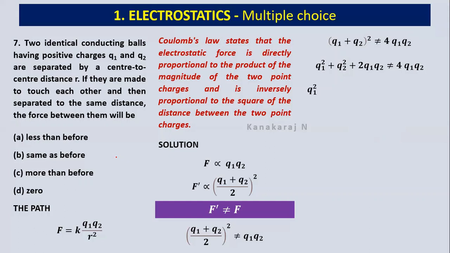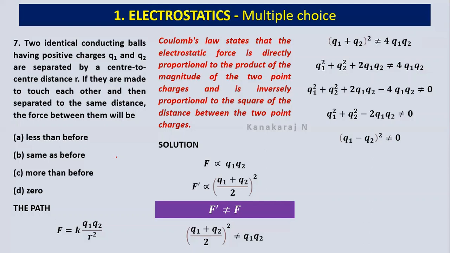Q1 square plus Q2 square plus 2 Q1 Q2 minus 4 Q1 Q2 is not equal to 0. We didn't change any format here. So plus 2 Q1 Q2 minus 4 Q1 Q2 becomes minus 2 Q1 Q2. So the next equation is Q1 square plus Q2 square minus 2 Q1 Q2, which is not equal to 0. This is in the format A minus B whole square. So I change this to Q1 minus Q2 the whole square, which is not equal to 0.